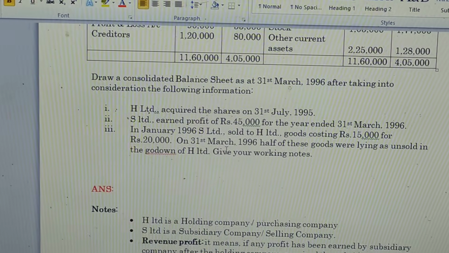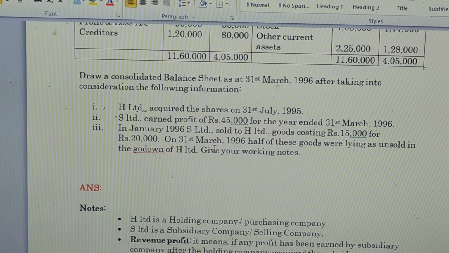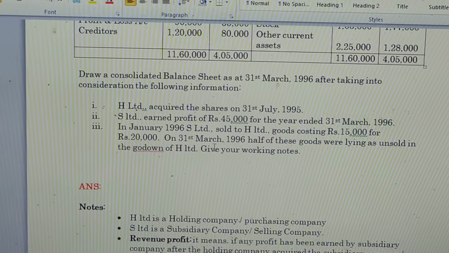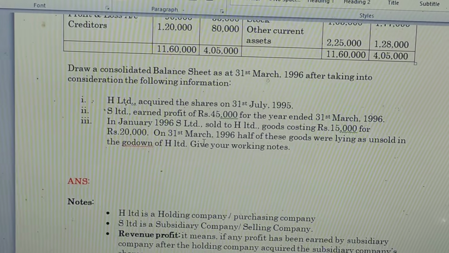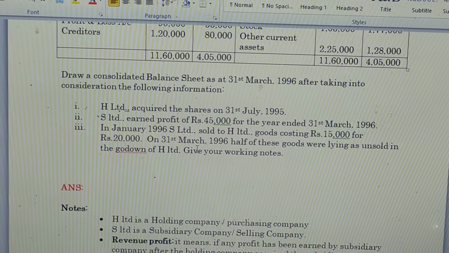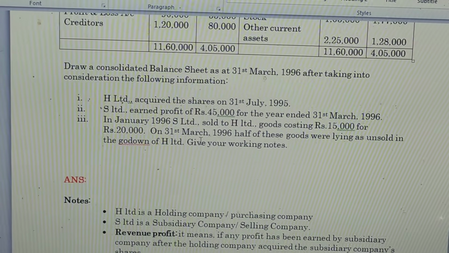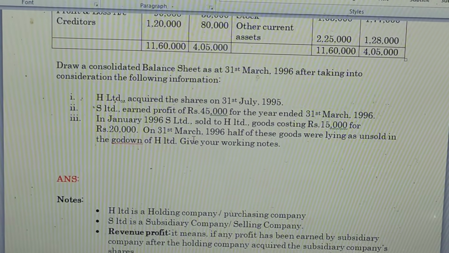Draw a consolidated balance sheet as at 31st March 1996 after taking into consideration the following information. The first point is H Limited acquired the shares on 31st July 1995. S Limited earned profit of rupees 45,000 for the year ended 31st March 1996.